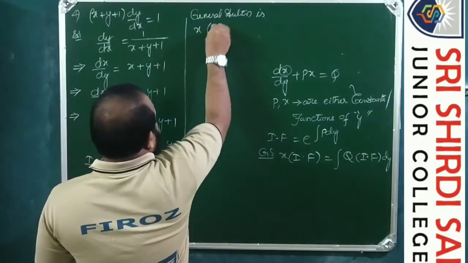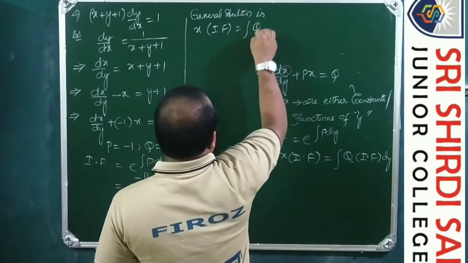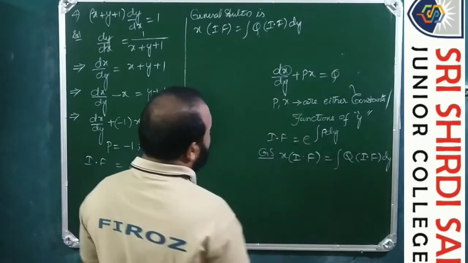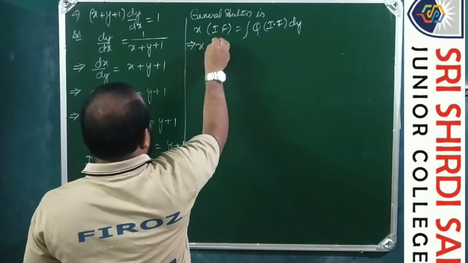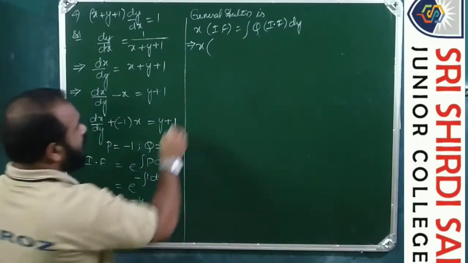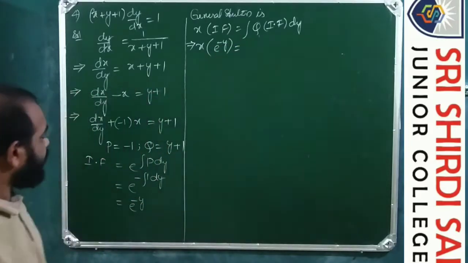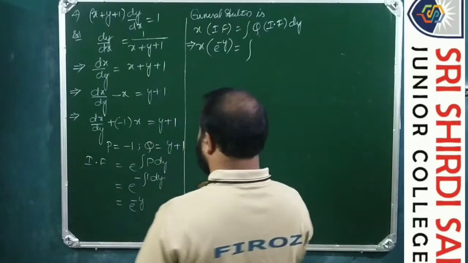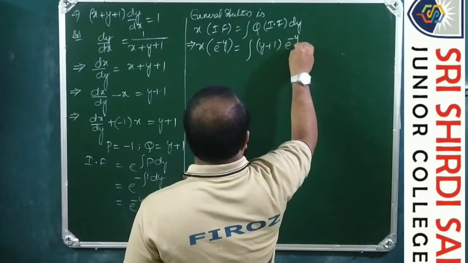So x into e power minus y, the integrating factor, is equal to integral of q into e power minus y dy, where q is y plus 1, so (y plus 1) into e power minus y dy.